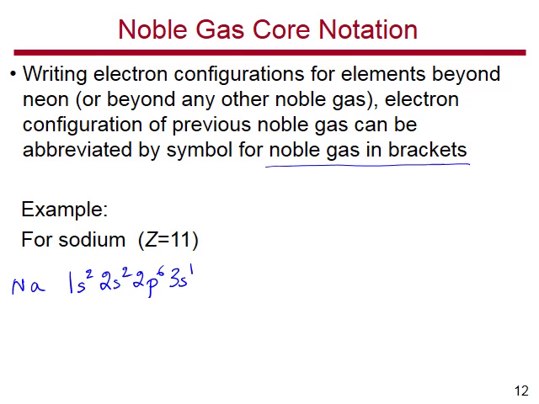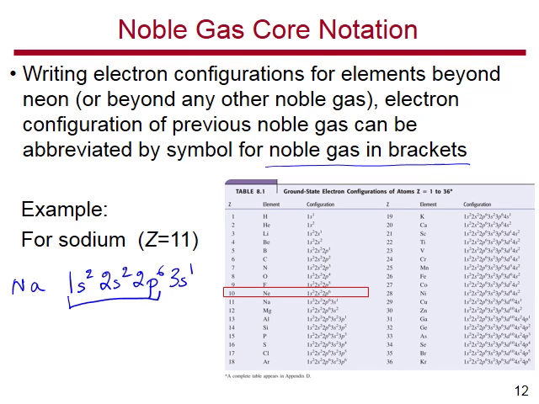Now, do note the electron configuration for the first few subshells of sodium is identical to that of neon. So instead of writing the full electron configuration, we can rewrite this as [Ne] 3s1. That means we are writing the symbol of the noble gas in brackets followed by the remaining configuration.